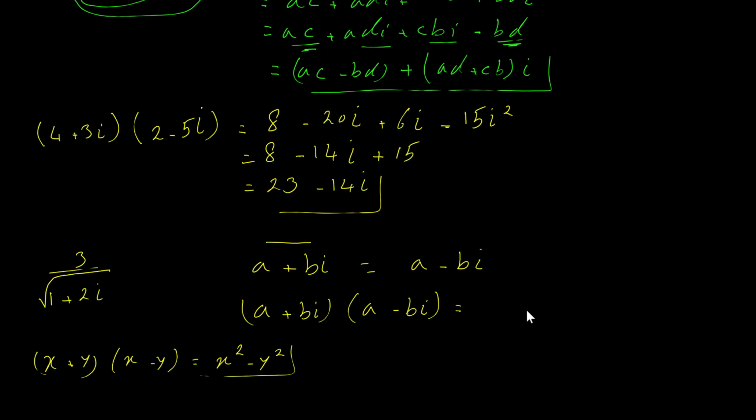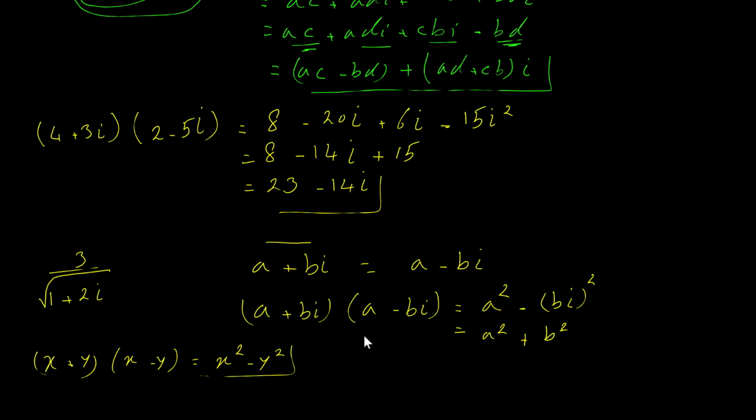Now, if we apply it here, it's going to be a squared minus the second term, which is the imaginary part, bi squared. That would give us a squared minus b squared, and then i squared gives us -1, so it becomes plus. So a squared plus b squared gives us that.